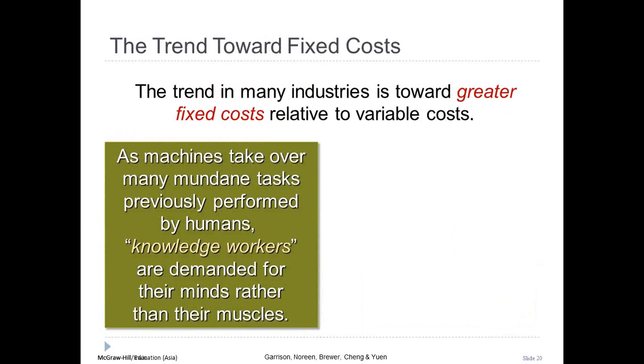There tends to be a trend towards fixed costs. And why is this? In the G20 countries, we tend to see that there are fewer and fewer laborers and human beings involved in work.